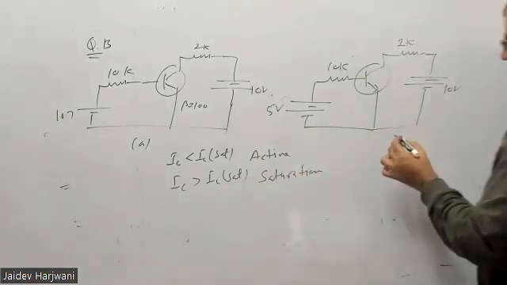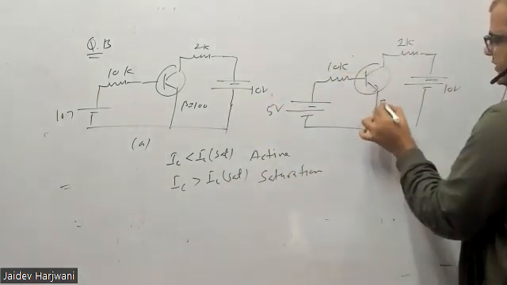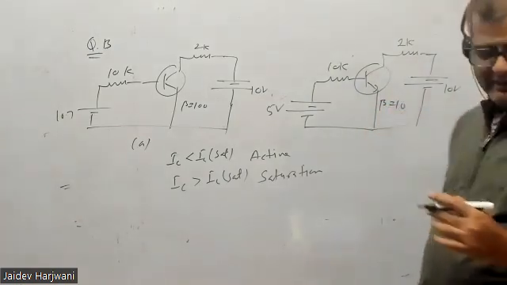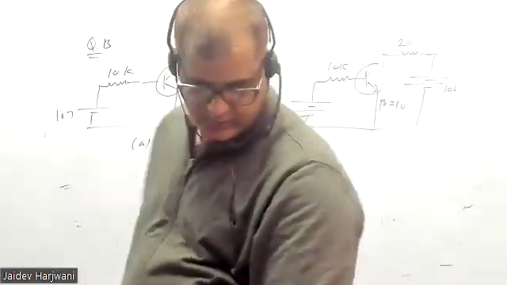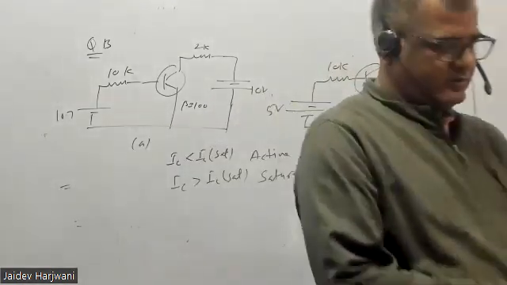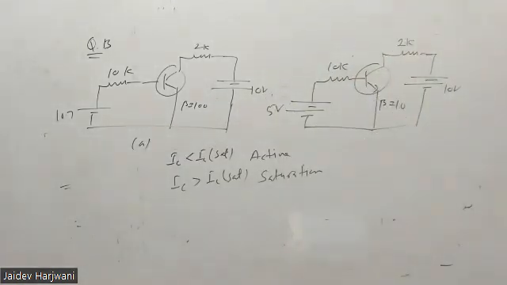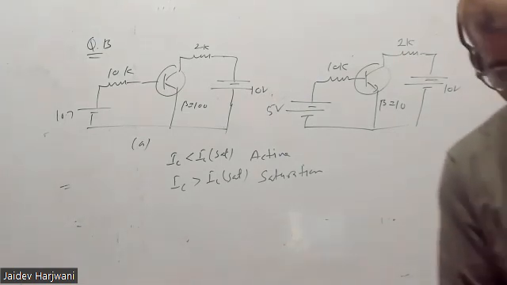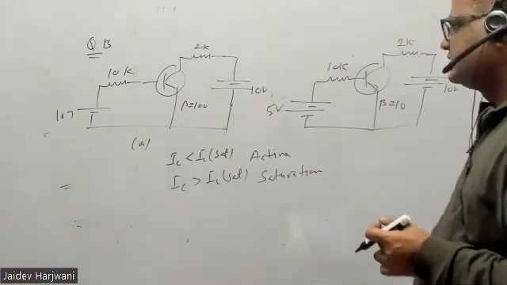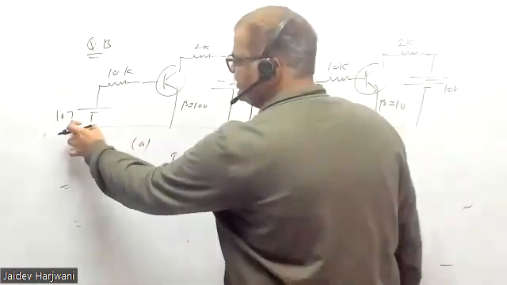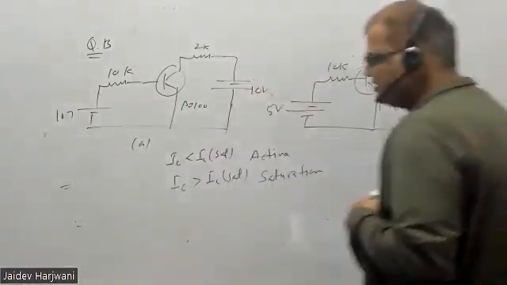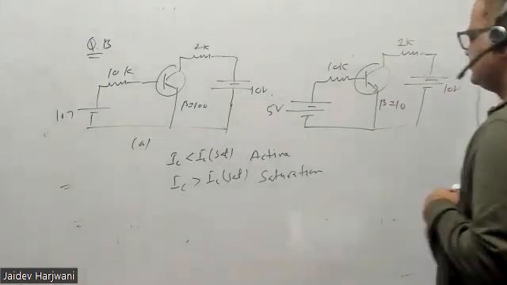Here beta is 100, here beta is 10. और VBE के बारे में क्या बोला है क्वेश्चन में? ओके, VBE तुम्हारी चॉइस है, तुम 0 से करो या 0.7 से करो. सो 10.7 दे रखा है तो 0.7 ले लो, सिंपल कैलकुलेशन हो जाएगा.